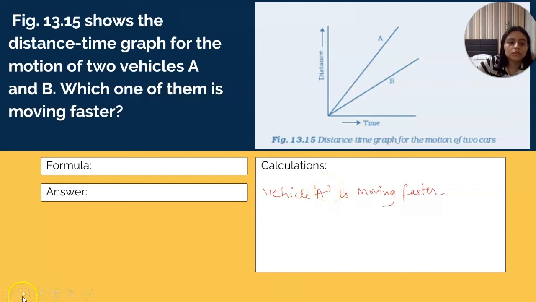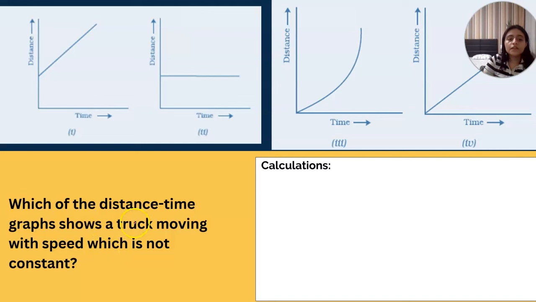Now, which of the distance time graphs shows a truck moving with a speed which is not constant? Which is not constant, right? So you already know this is constant. This is at rest position. This is this, and then this is also constant position. This is also somewhat, because rest means it's in a proper speed in which it's resting, right?